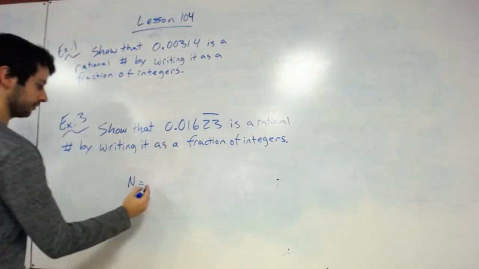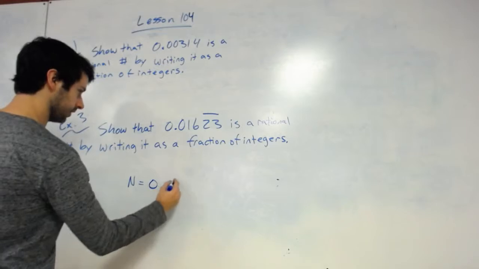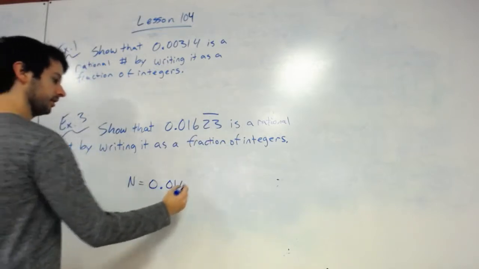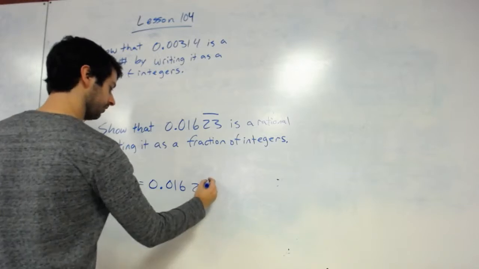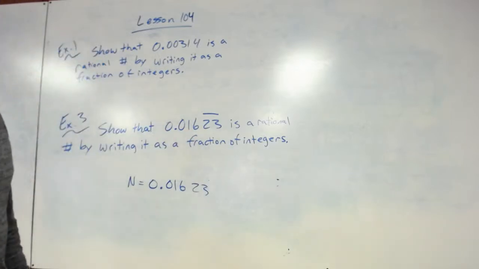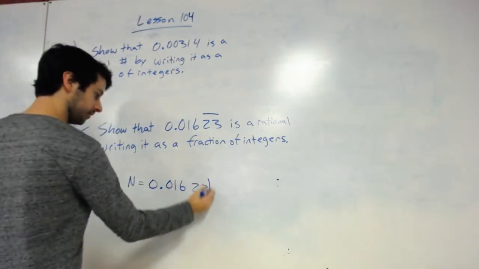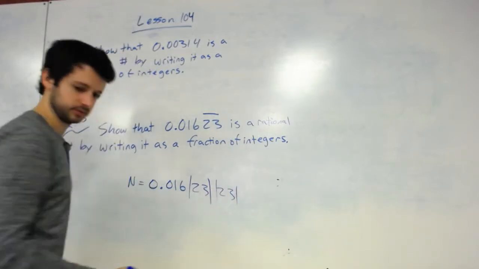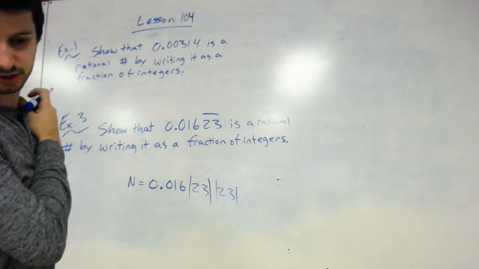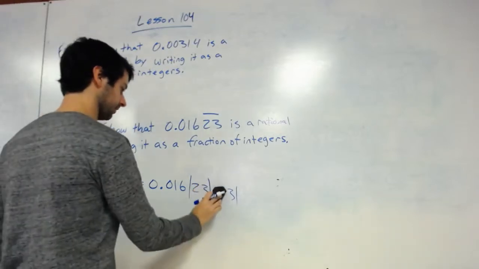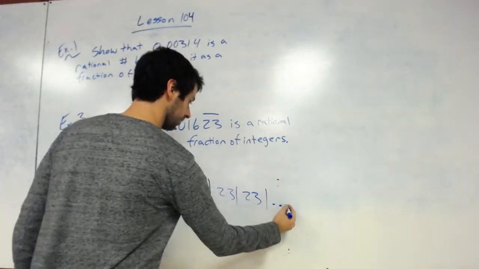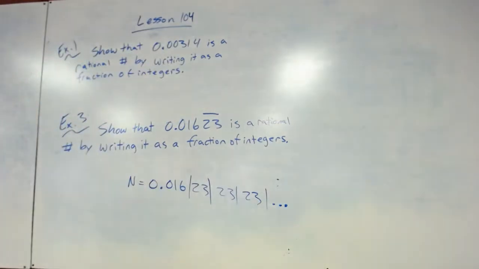The expanded form would be 0.016, and between every 2, 3, I'm going to put a little bar, because it goes on and on and on. So dot, dot, dot.